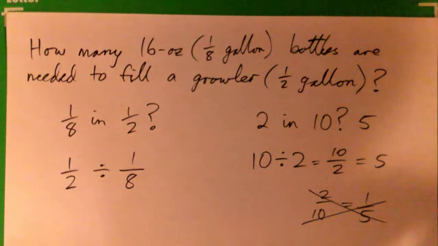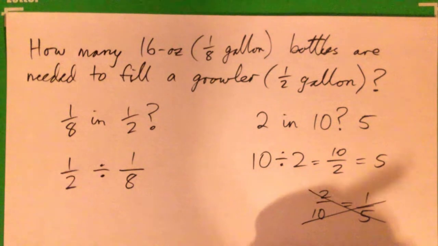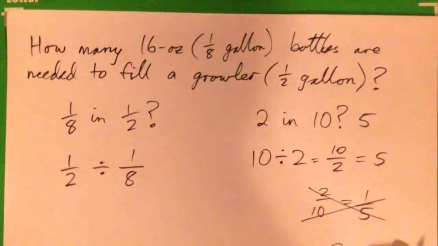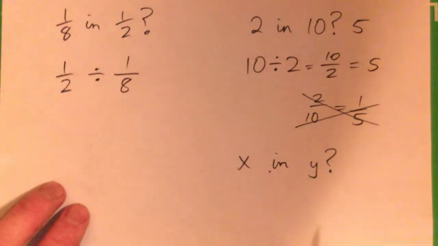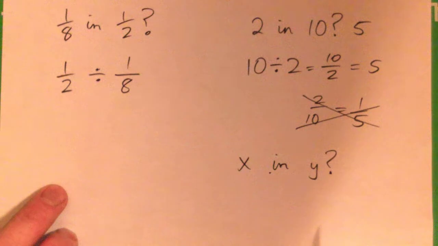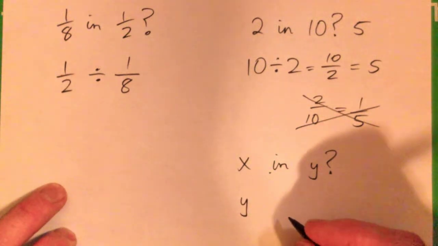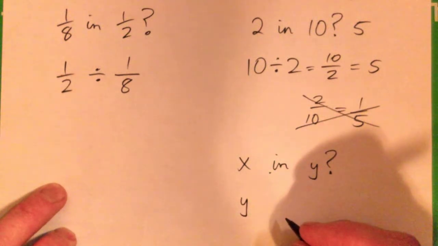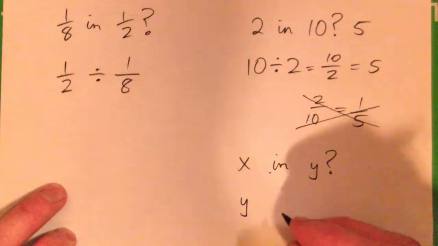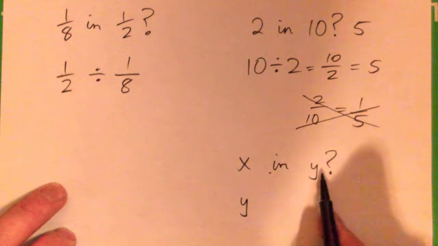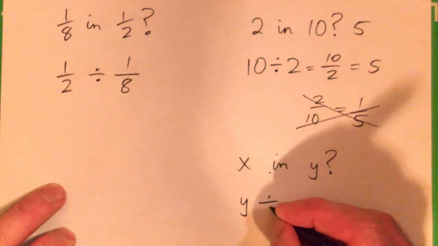It's harder. Well, what about how many x's are contained in y? What do you think you would do there? How many x's are contained in y? Y goes first, because we're asking how many are inside of the y. Divided by x.